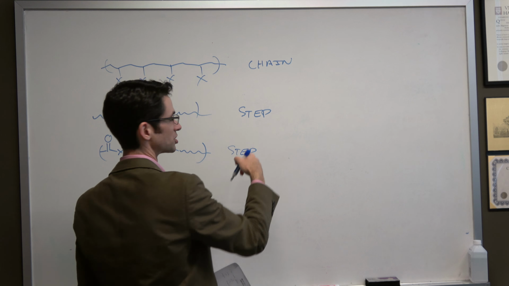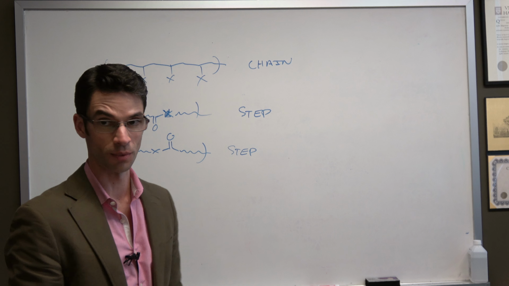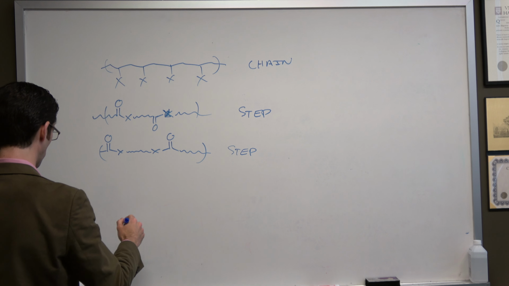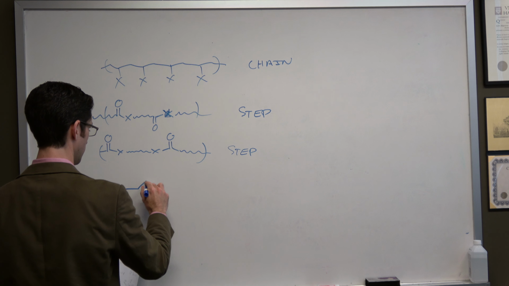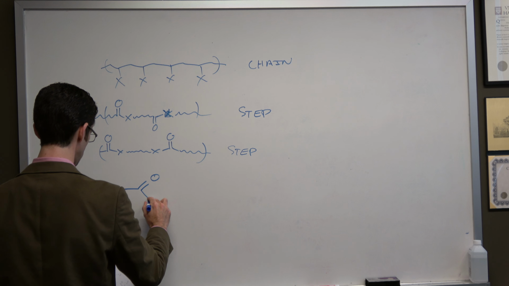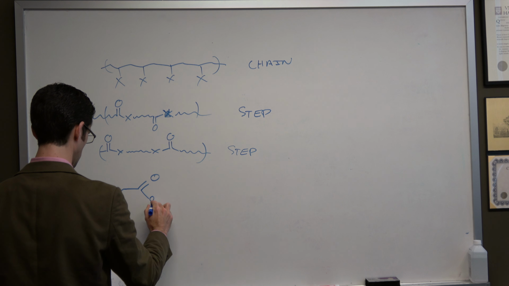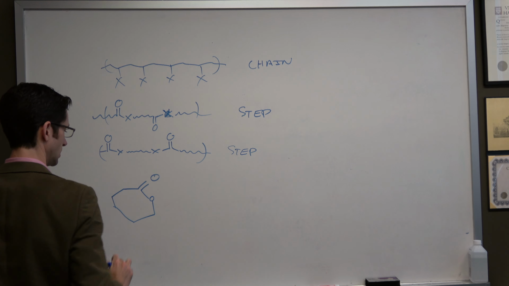But is this true in general? No. And just to show you, there are two prominent examples for why it's not. One is ring opening polymerization, which we're going to talk about just briefly next time.